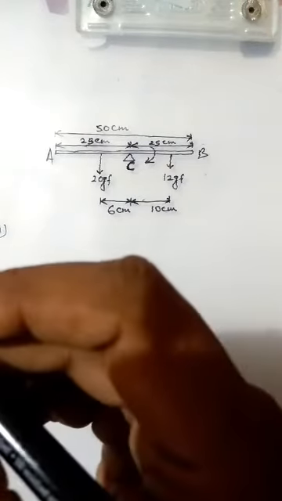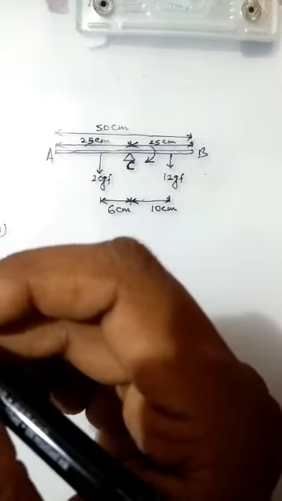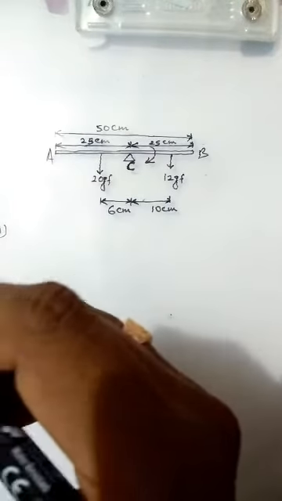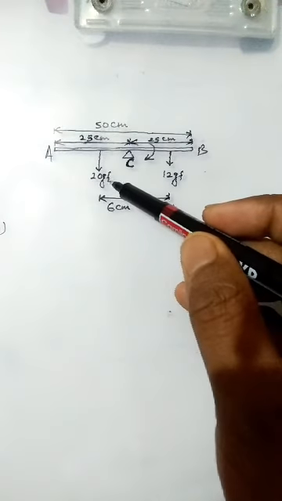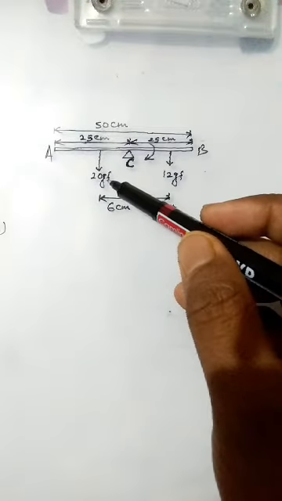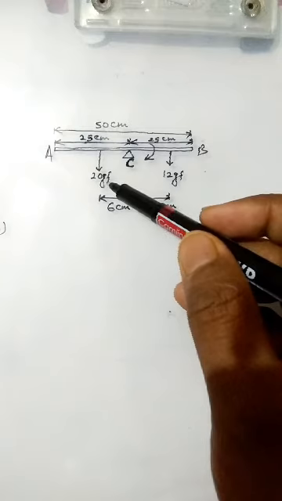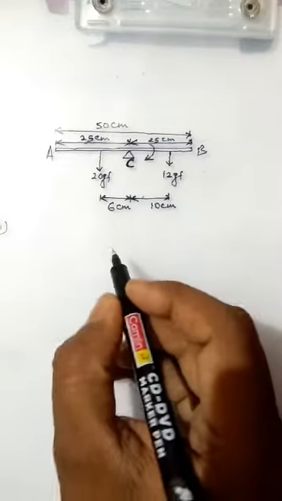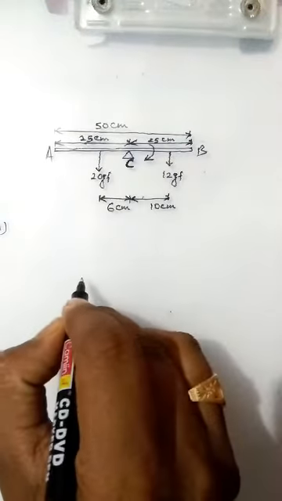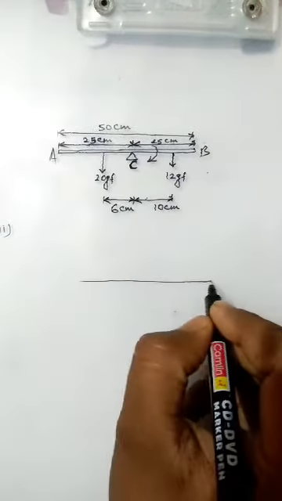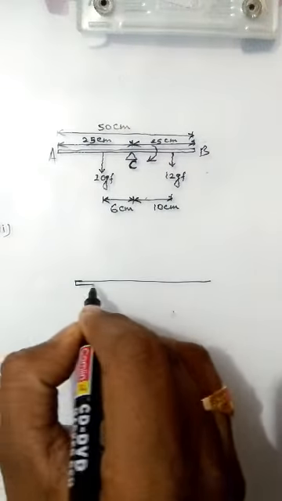In the third part of the question, it is said that the direction of 20 GF force is reversed. What is the magnitude of the resultant moment of force? Then the diagram would be like this.